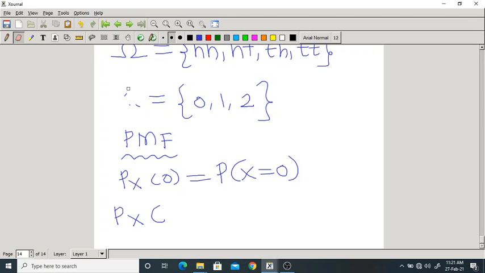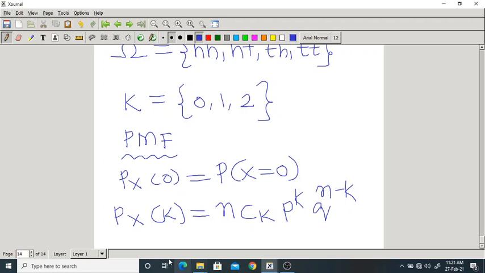Don't get confused. Small x and k are interchangeable. What is that? nCk p power k q power n minus k. This is straight away the answer.